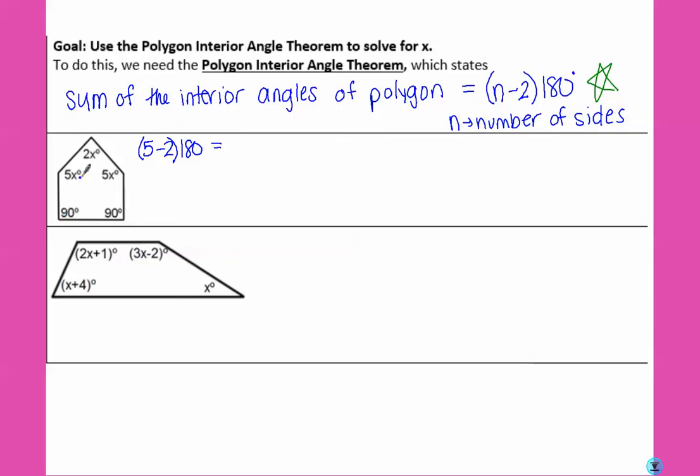So 5x, and I'm going to put a dot next to each one so I know when I've used it, plus 2x plus 5x plus 90 plus 90.